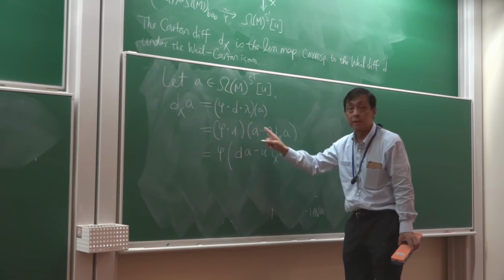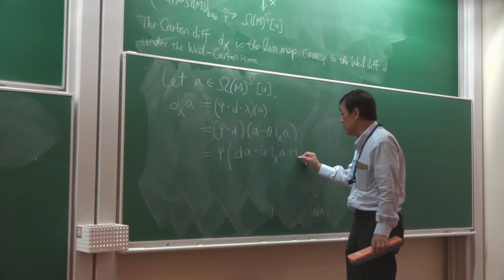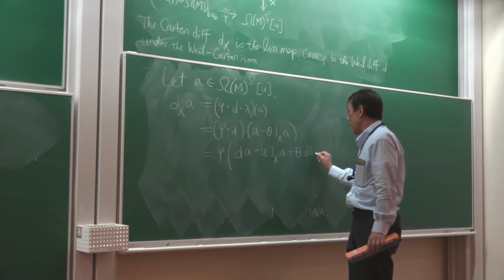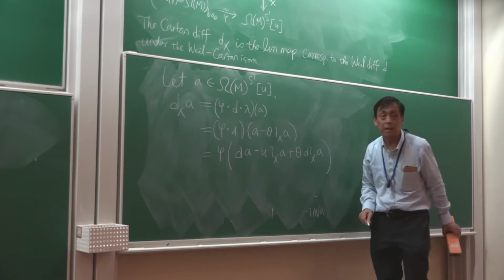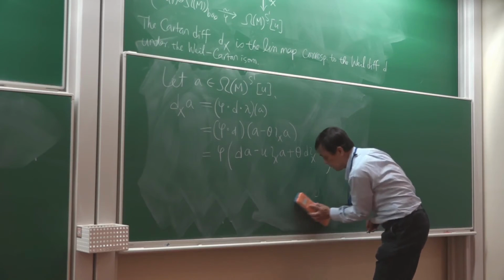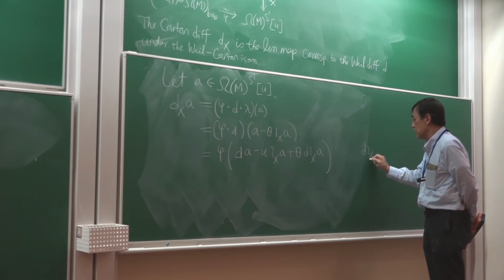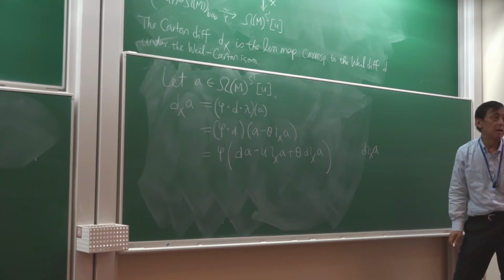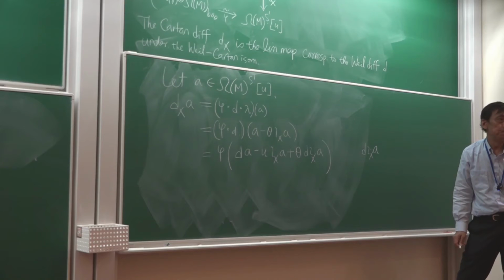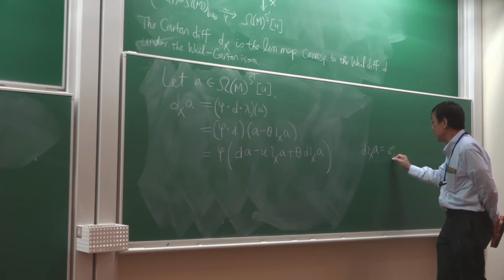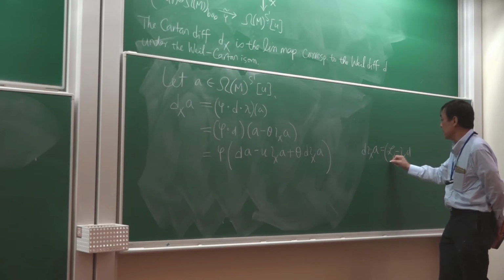D is an antiderivation, so if you move it across theta, you pick up a sign, and then you have D i_x A. Now, what is D i_x A? Now, D i_x, it's L_x minus i_x d, right?